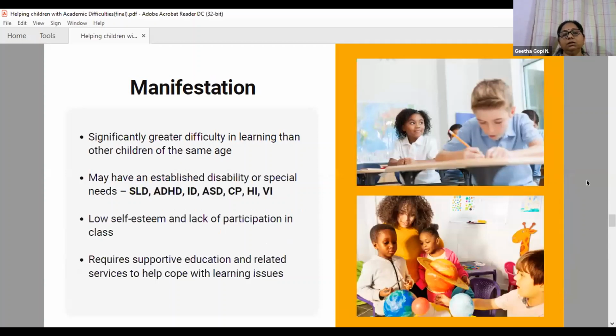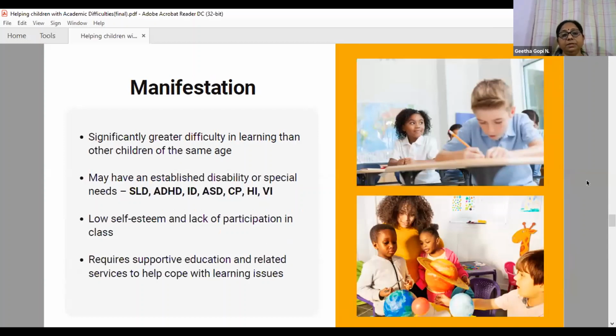Now, how do these academic difficulties manifest? Basically, in a very common sense approach, they have significantly greater difficulty in learning as compared to other children of the same age. So they do not learn as easily or as smoothly as their peer group.